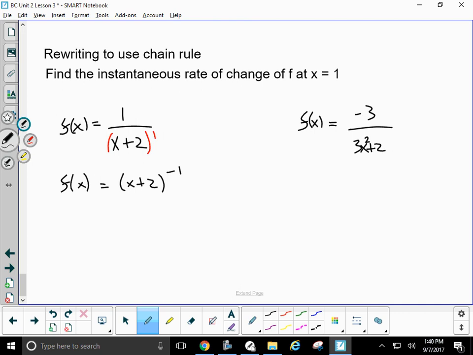Now, I don't have to use the quotient rule. I can use the chain rule. The derivative, I'm going to do this quickly, would be negative 1 times x plus 2 to the negative second, times the derivative of the inside, which is just 1. So this is an easy way to see that the derivative of 1 over x plus 2 is negative 1 over x plus 2 squared.